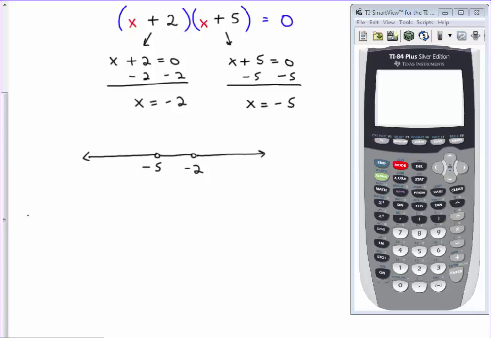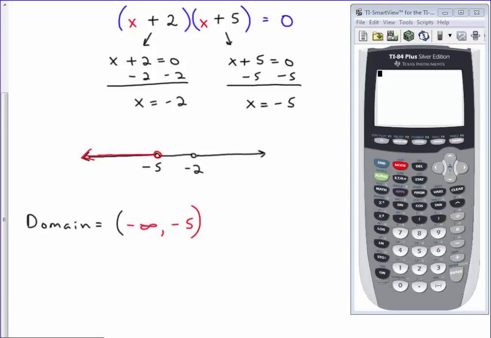To write the domain in interval notation, I will use this picture to assist me. The picture goes all the way to the left, so I would start at negative infinity. It goes all the way up until you get to negative 5, but negative 5 cannot be included. So I would go to negative 5. To not include it, I would use a parenthesis.